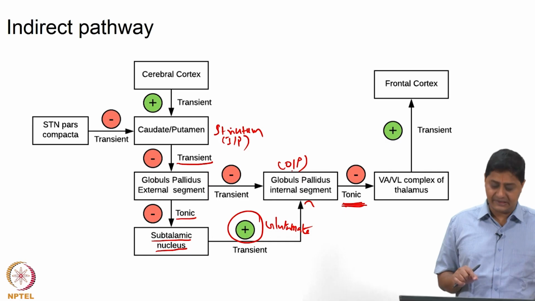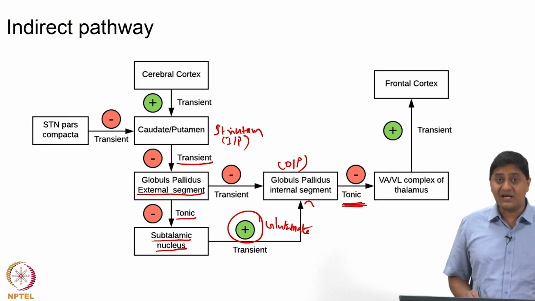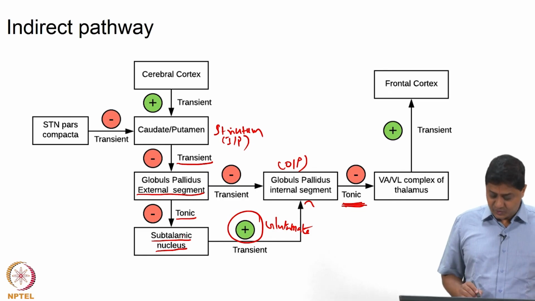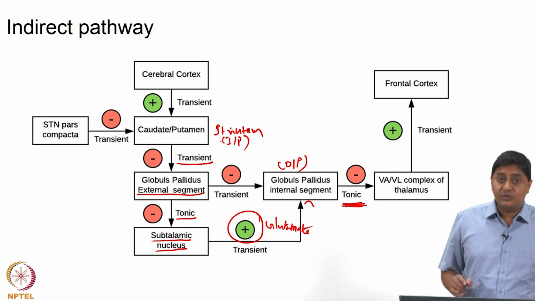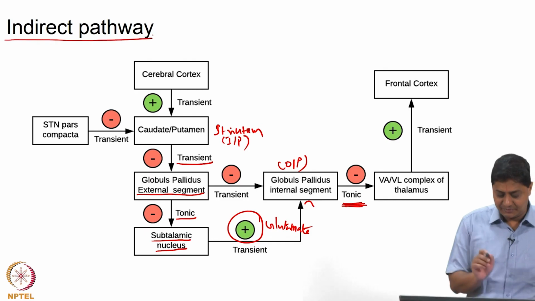This is not direct, but rather through the globus pallidus external segment, which is part of the internal circuitry, and the subthalamic nucleus, which is part of the internal circuitry. So, these two things together make up the internal circuitry in this particular case. And since the input is connected to the output not directly, this is called the indirect pathway.